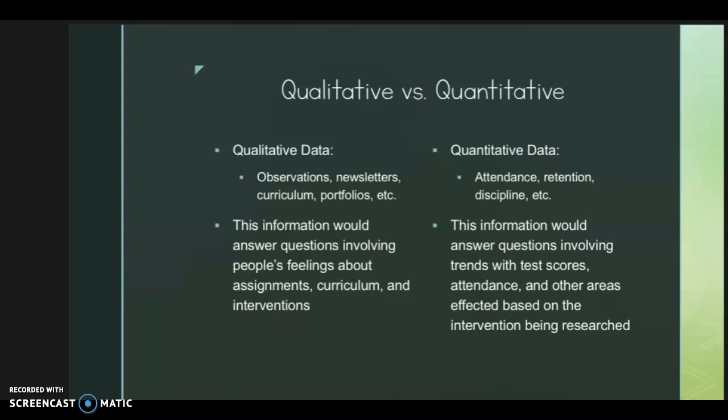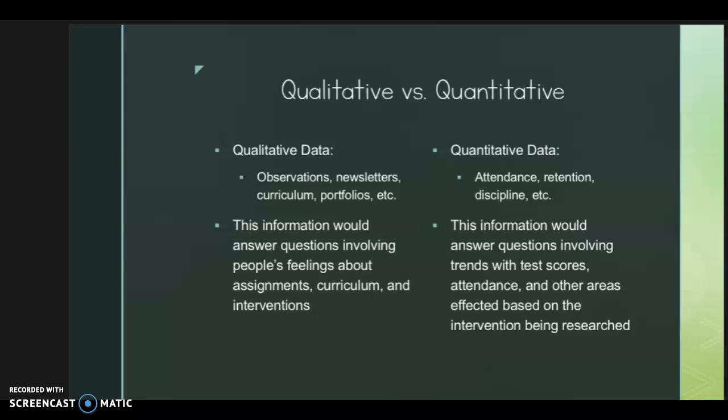So the use of existing records, artifacts, and documents has elements of both qualitative and quantitative data, depending on what information you are collecting and analyzing. For qualitative data, you can use observations, newsletters, and portfolios. This information would answer questions involving people's feelings about the assessments, the curriculum, or the interventions.